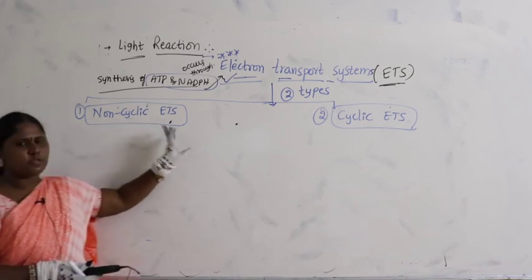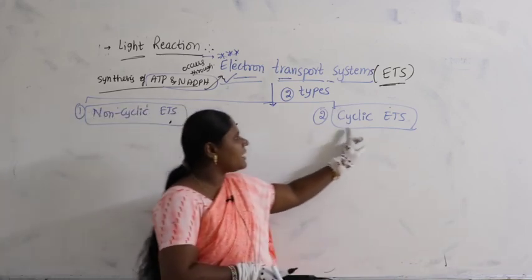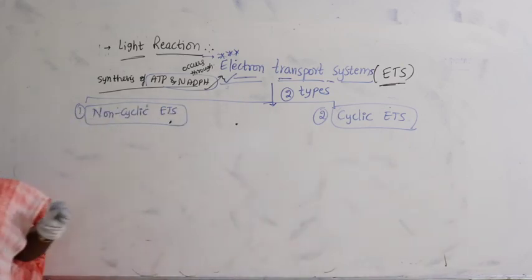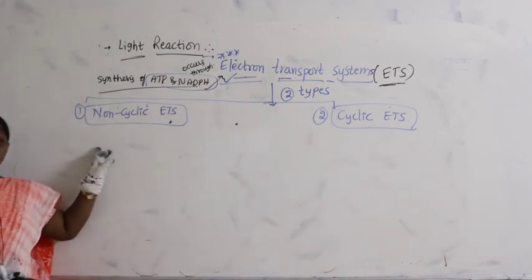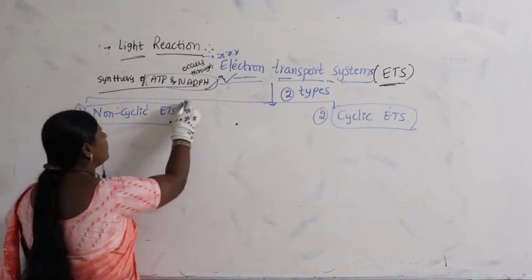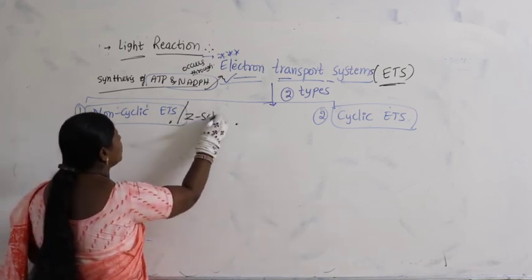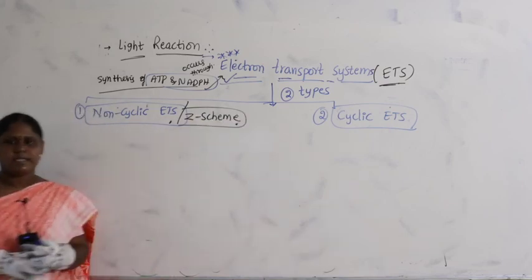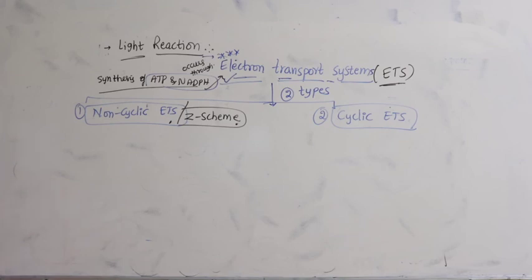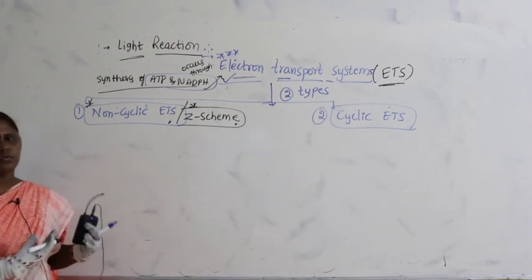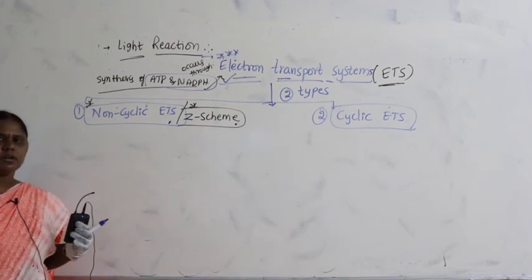Non-cyclic and cyclic electron transport system. The non-cyclic electron transport system is also called the Z scheme. It is called non-cyclic because the electron will not come back to its place.